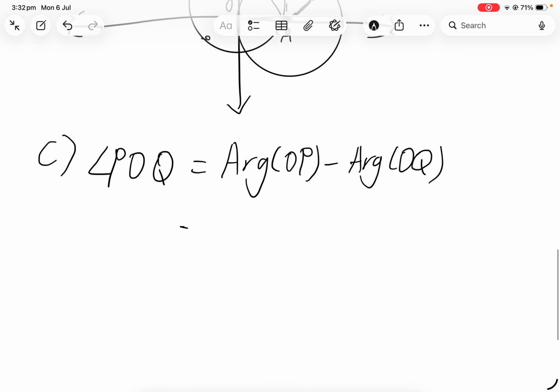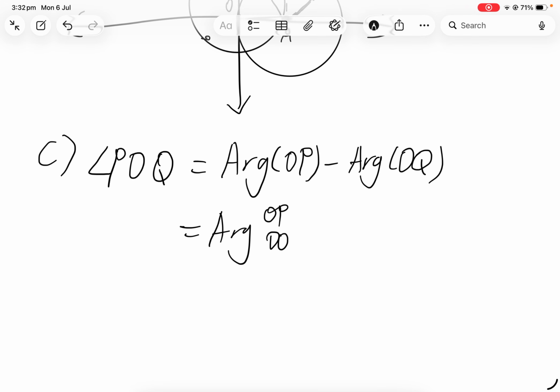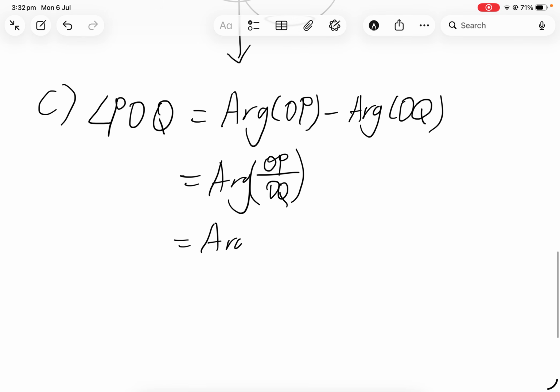And that just means the angle of OP over OQ, and that just means it's just i cot theta over 2.